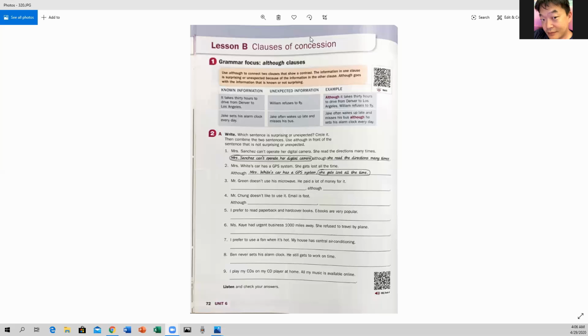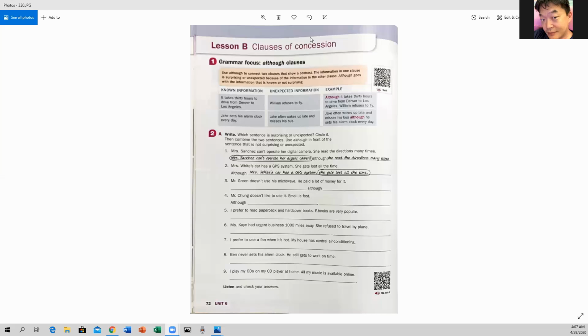Okay, so we are still on page 72 in your student book. We are going to practice now. As we practice, I hope you get the feel and get more used to it, and you will be able to understand the content better.